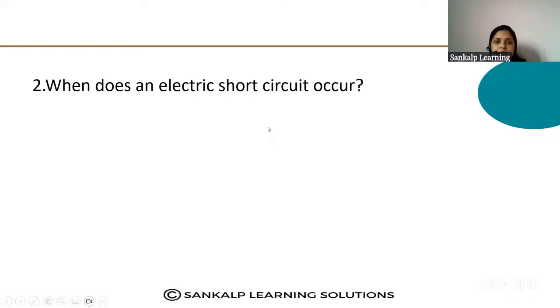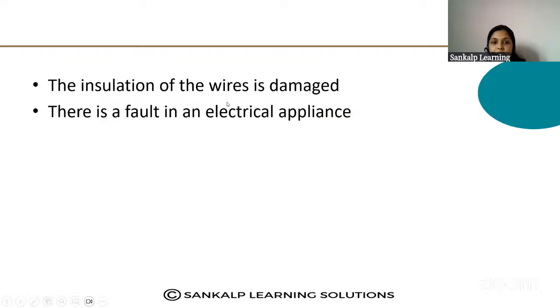Next question. When does an electric short circuit occur? This is a very important topic. An electric short circuit occurs when the insulation of the wires is damaged, or when there is a fault in the electrical appliances.